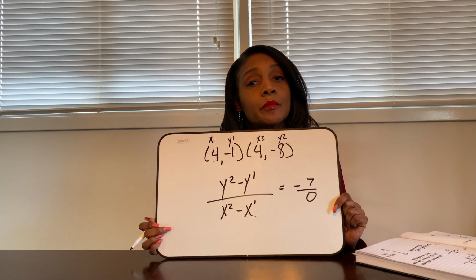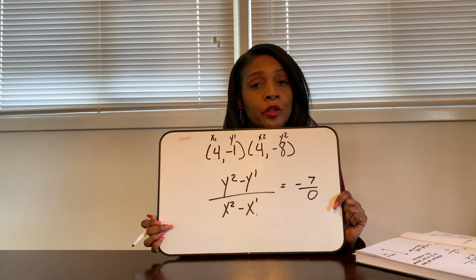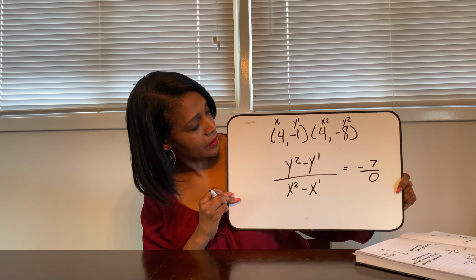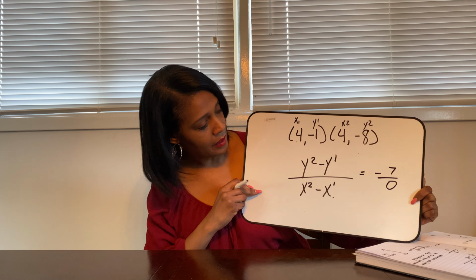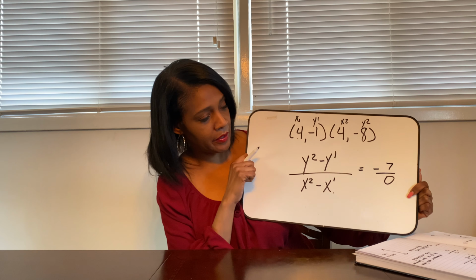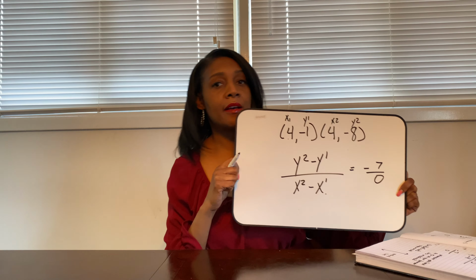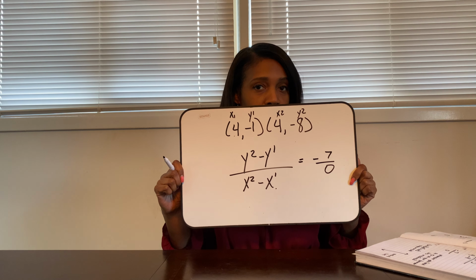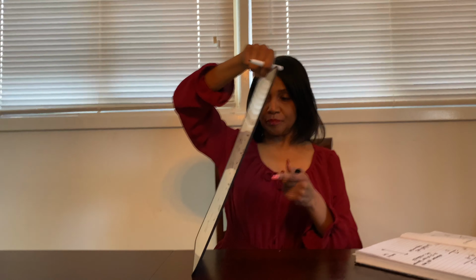So after you plug them in and you work the problem, you should come out with a -7/0. Okay? So at the top, you'll have a -8 minus -1. When you plug it in, that's what you should have here. And then on the bottom, you should have a 4 minus 4.